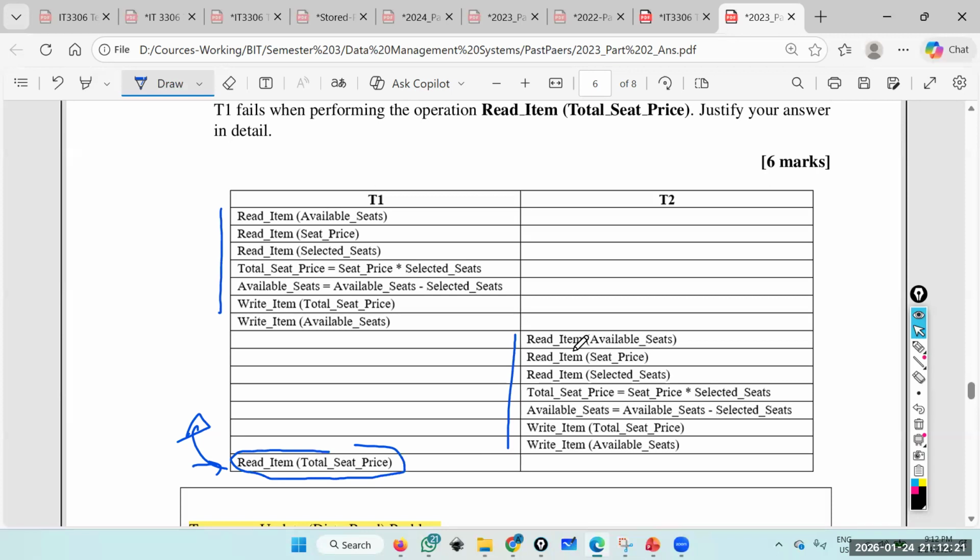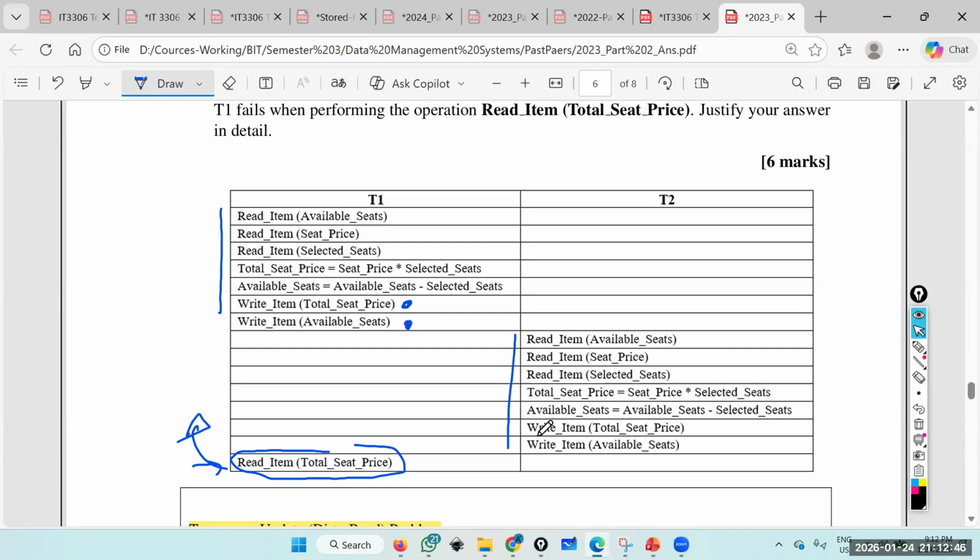So this is basically you roll back, right? If there's a dirty read here, now you are in trouble because this is rollback. All these written values are now wrong. So you can see there's a read. Right, total seat price is now written. Available seats are also written.